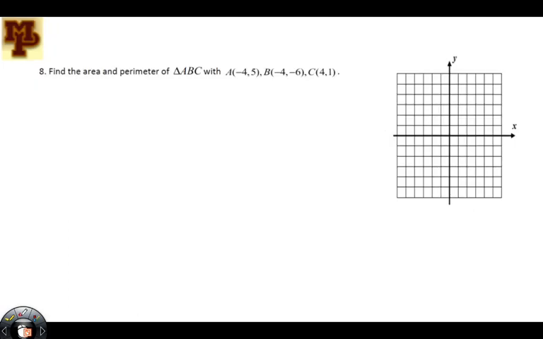Okay, so now we're going to find the area and perimeter of this triangle. So let's first plot it. So I got negative 4, 5, and then A. And then B, negative 4, negative 6.